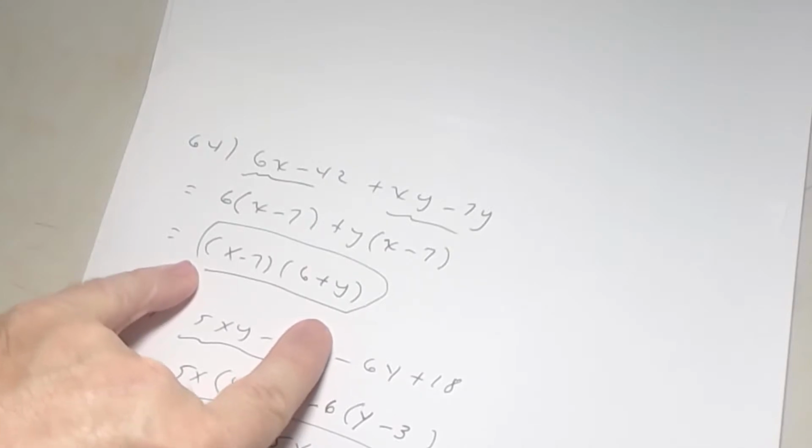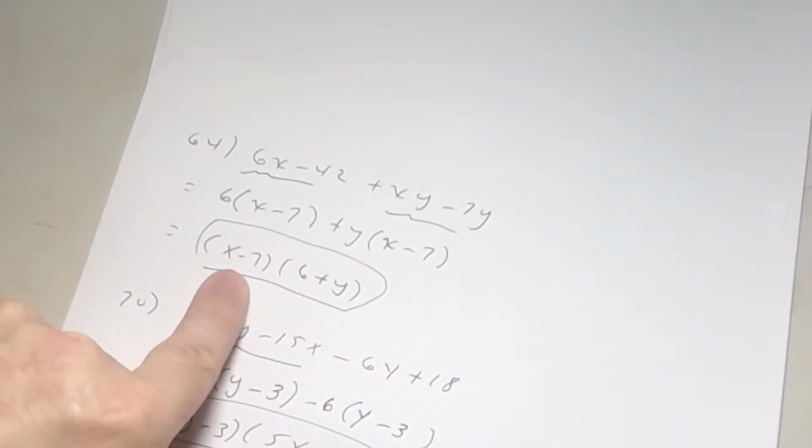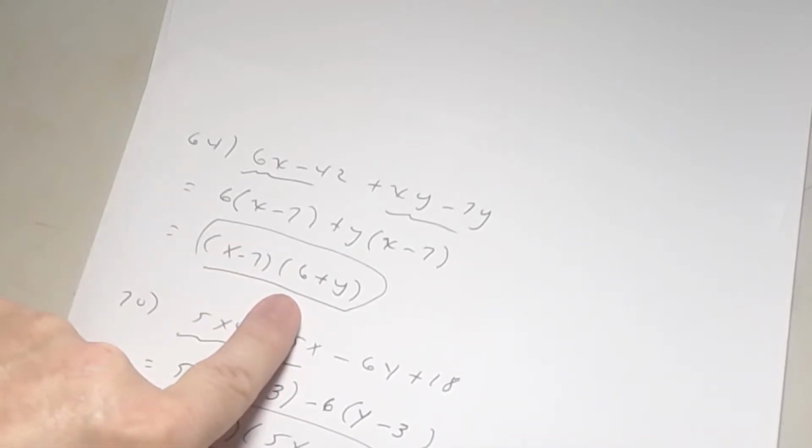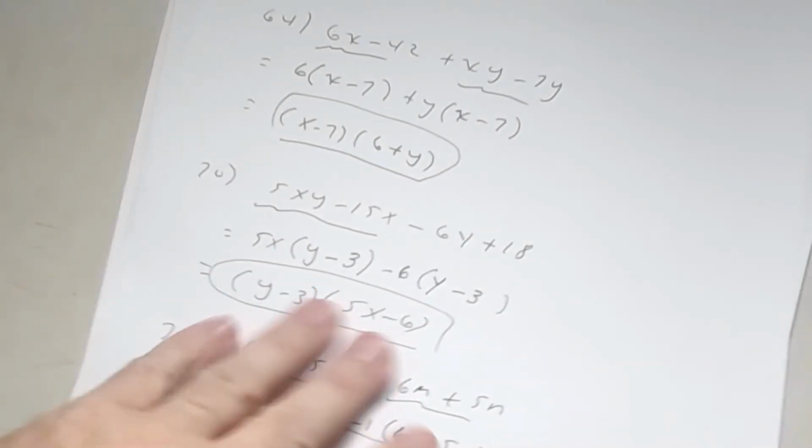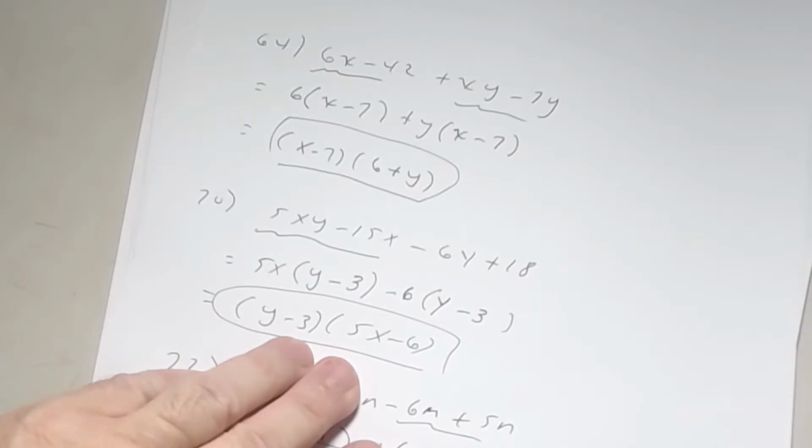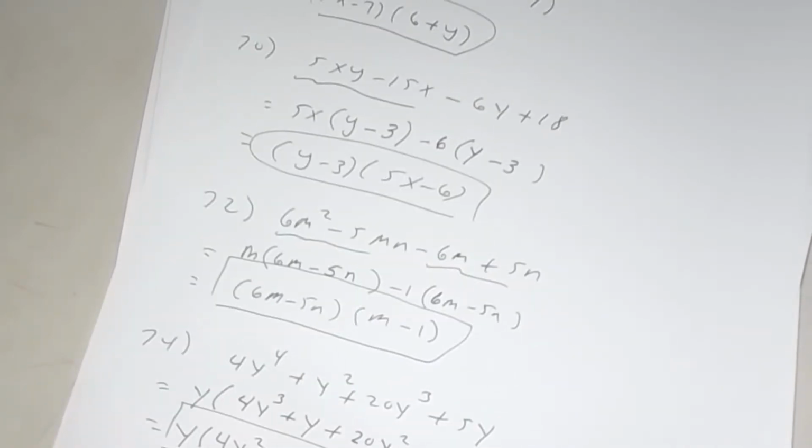Each one's called a factor. So this parentheses right here, x minus 7, is a factor. 6 plus y is a factor. This product has how many factors? 2. This product here, number 70, has how many factors? 2. Number 74, how many factors? 3.